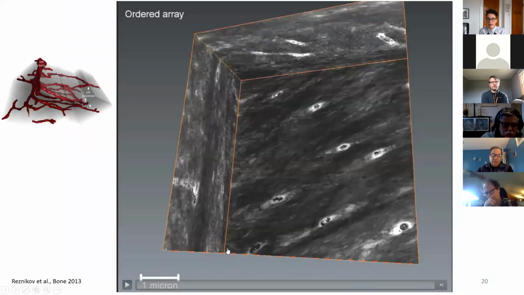In this one, in this specimen, which is again a different type of bone, this time it's animal bone, here we can see cellular processes that percolate through the mineralized matrix to make connection with another cell sitting at around 20 microns distance.